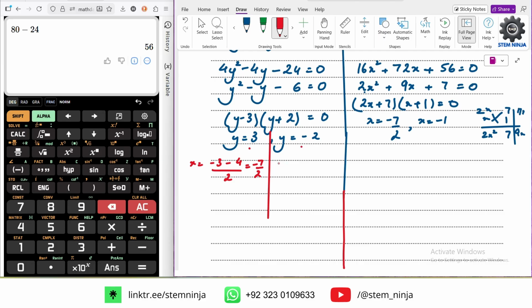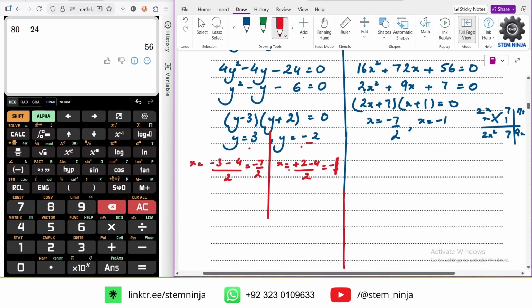And this one gets us minus 2 minus 4 divided by 2. This is minus 3. Oh, sorry, no, this is already negative now, so this will become 4 minus 2, so minus 1.